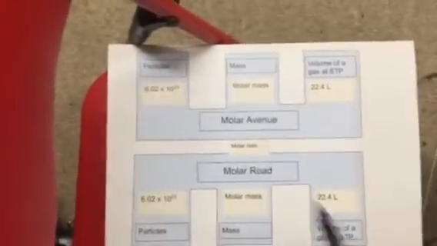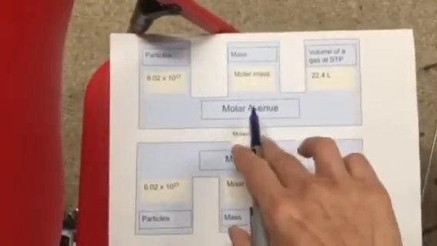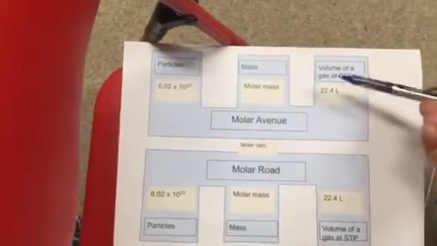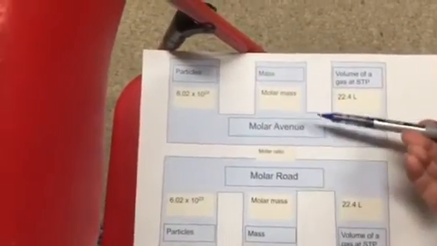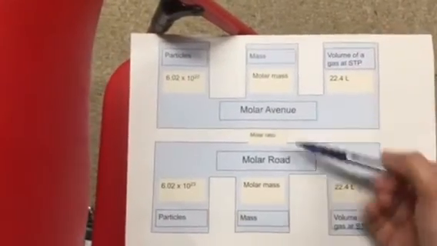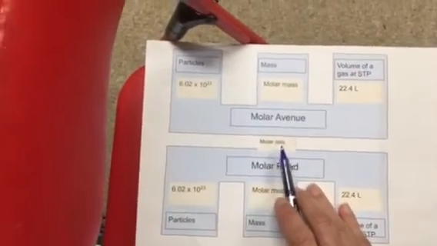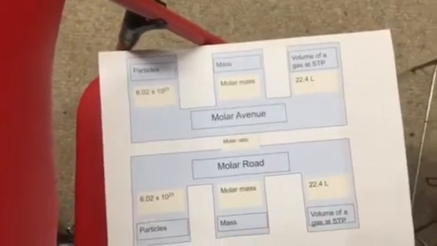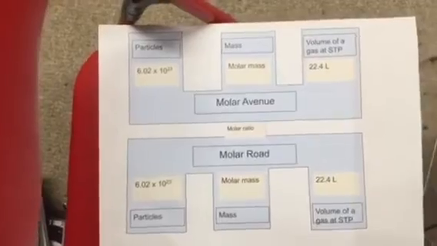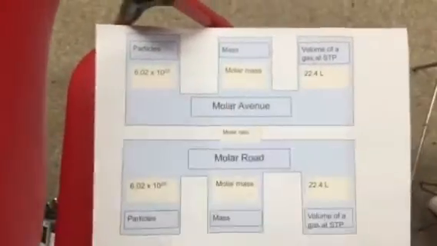It has a molar road and molar avenue. We can go from one substance to another, and that's the separation between molar road here and molar avenue. It takes us from moles of one thing to moles of another using our good new friend, molar ratio. Okay, but the process really works exactly the same. If you liked molar road, now you've got this new and improved one.